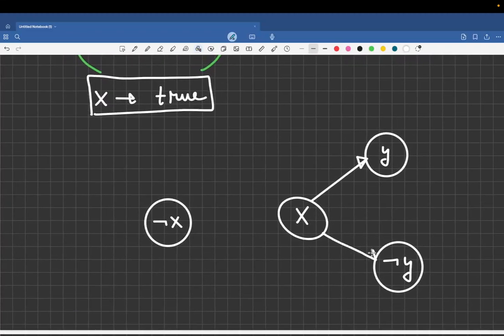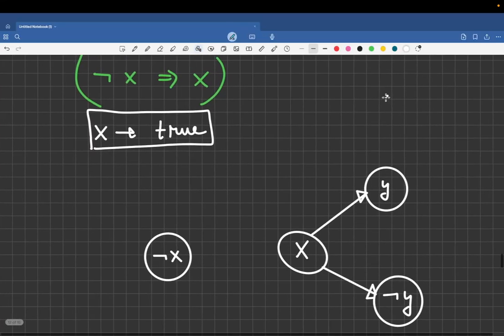So we have already discussed that if x implies y, this says that not y should imply not x.